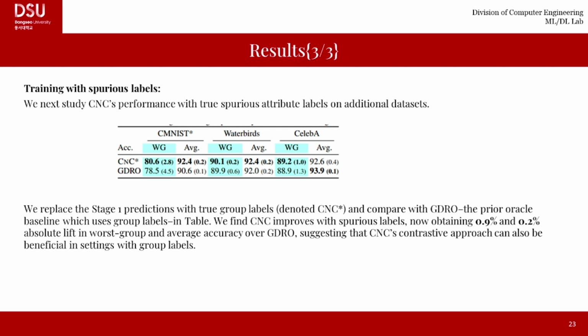So we find CNC improves with the spurious label, now obtaining 0.9% and 0.2% absolute lift in worst group and average accuracy over GDRO, and suggests the CNC contrastive approach can also be beneficial in the setting with group labels.